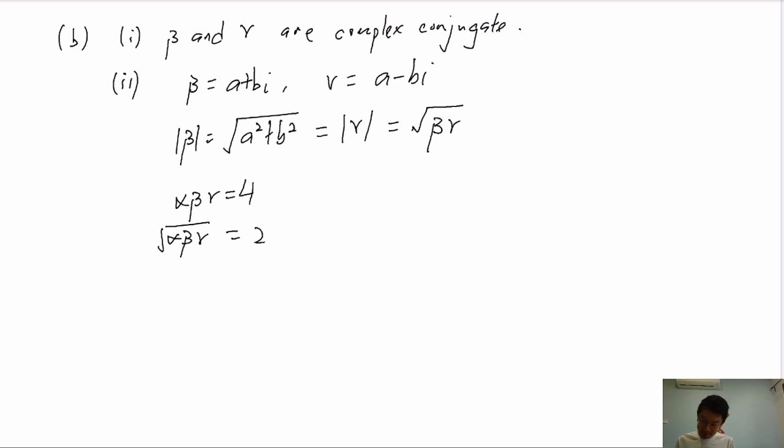So what we have is the square root of beta gamma equals 2 over root alpha. The left hand side we have already proven. So the right hand side is just the modulus of beta. So in that case the modulus of beta is 2 over square root of alpha. This is how we do the second part.